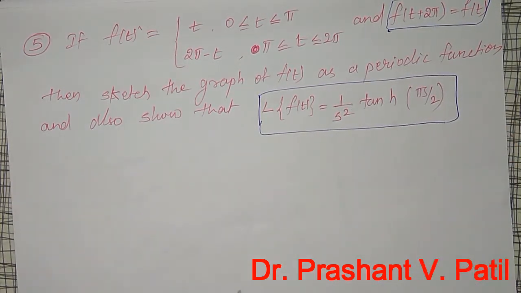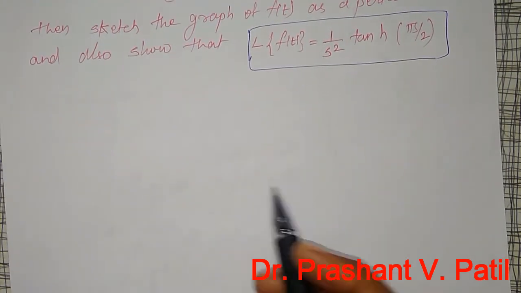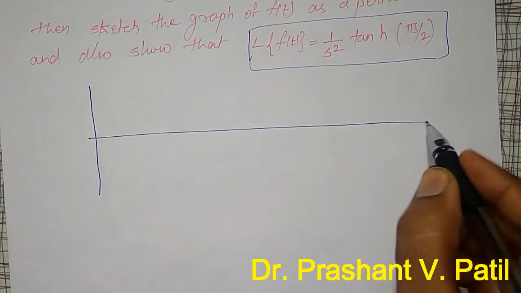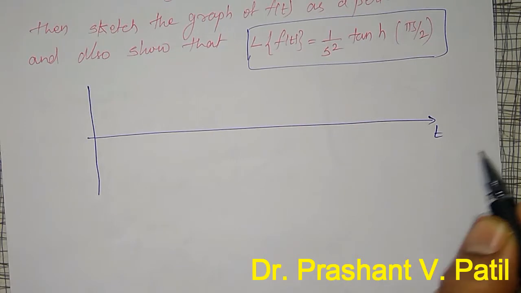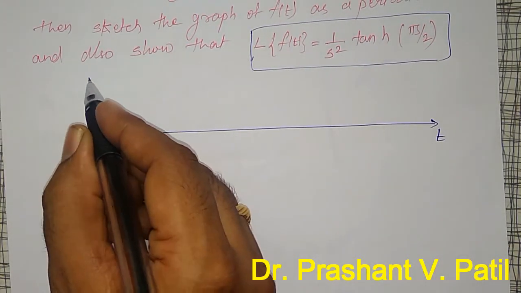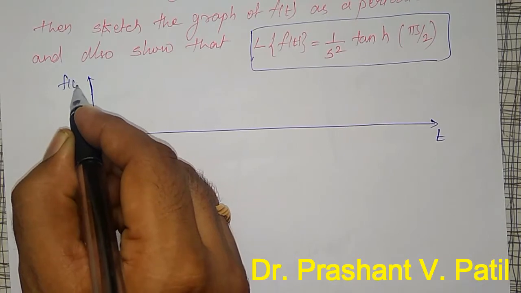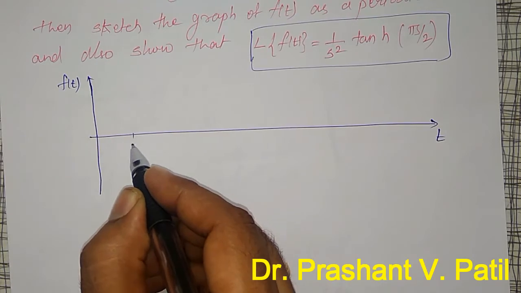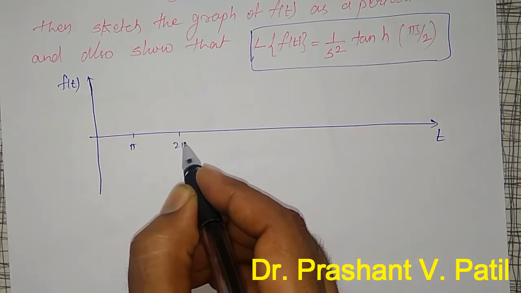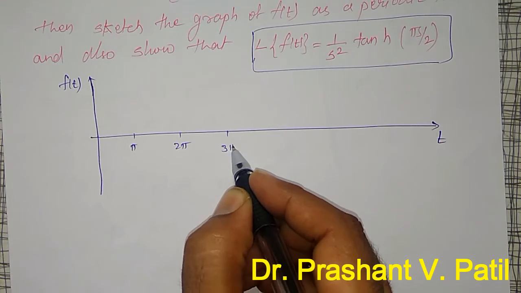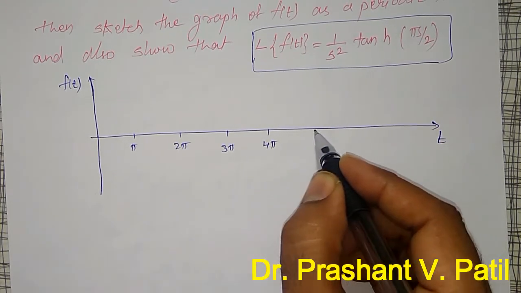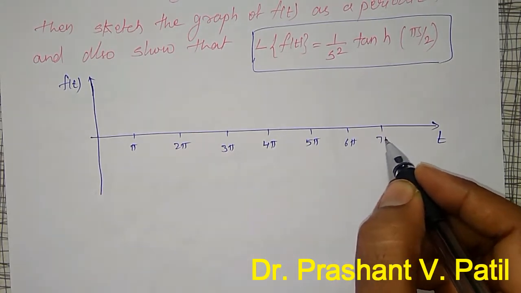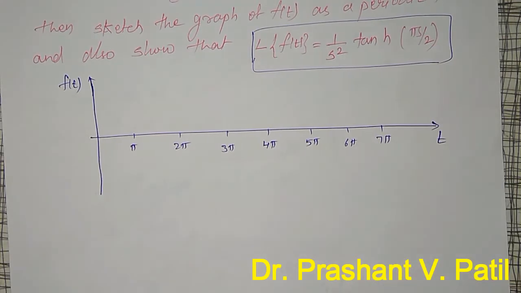Let me draw the graph first. Along the x-axis I take t and along the y-axis f of t. I will divide the x-axis into pi, 2 pi, 3 pi, 4 pi, 5 pi, 6 pi, 7 pi, and so on.